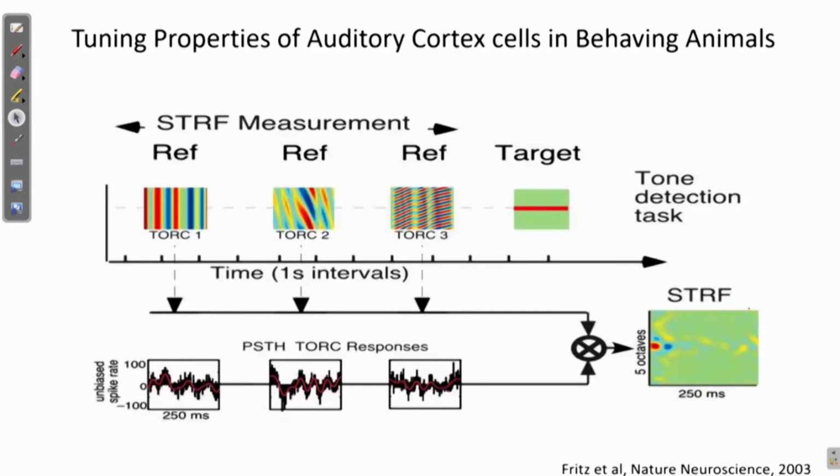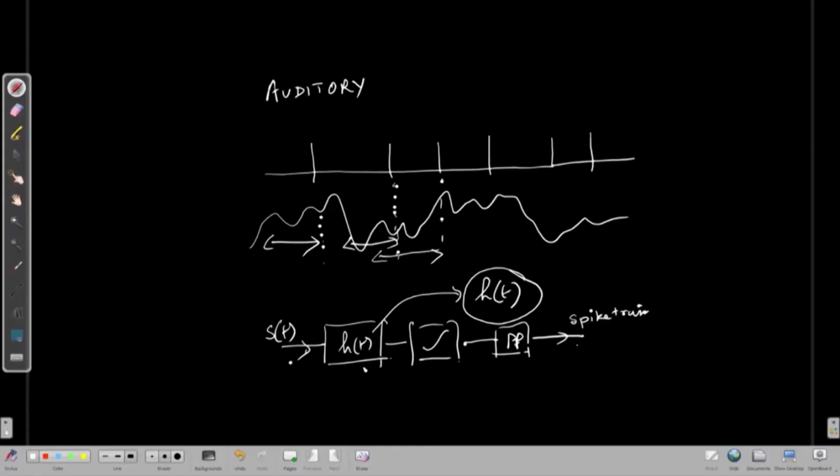So, with this as the point, if we now consider the experiments that were done by Fritz et al., published in 2003 in Nature Neuroscience, what they did. So, we are now moving on to the application part. What they did is basically they trained ferrets.